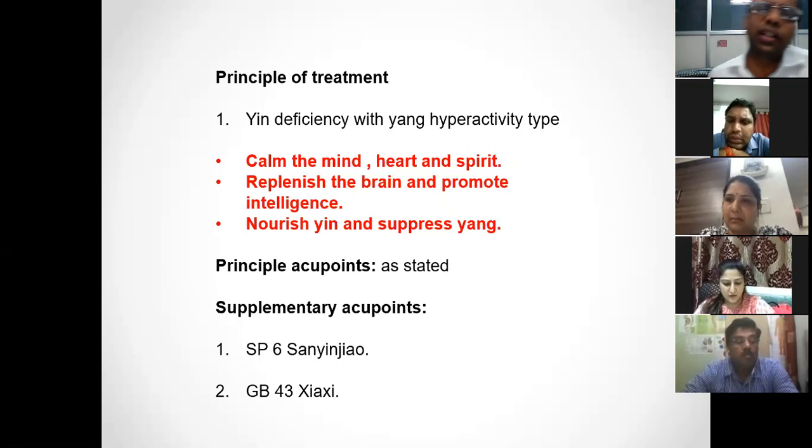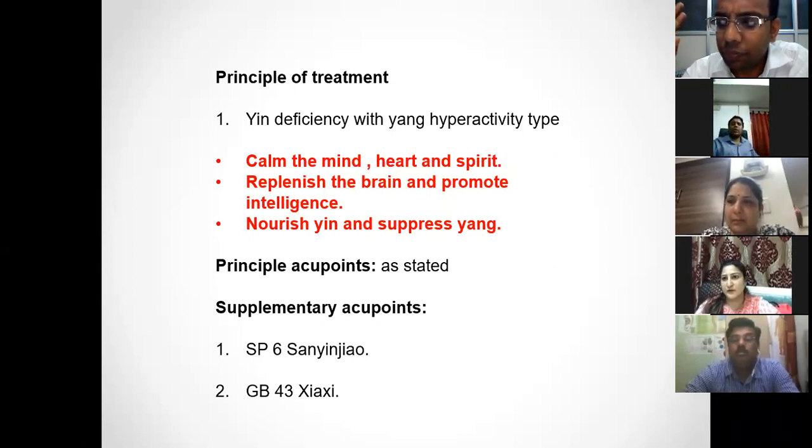You have to see the TCM points which I have given you. You have to read the symptoms very nicely, then decide which point you have to use. Just don't memorize this and use it in all the patients. I've just given you my experience. You have to select the points as per the symptoms of the patient.